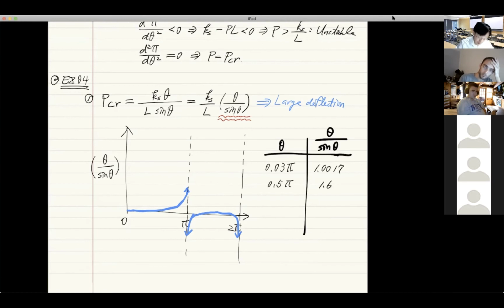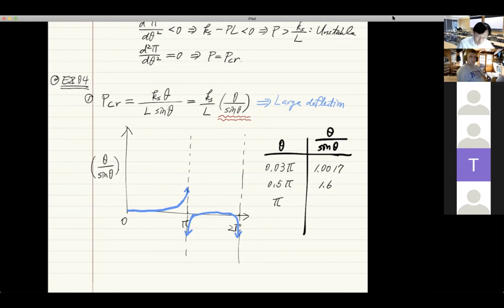And when theta is pi, what happens to this value? It approaches infinity. Yes, approaches infinity. Very good. And when theta is 1.5 pi, this value becomes negative 4.7. And what happens when theta becomes 2 pi? It approaches infinity again.